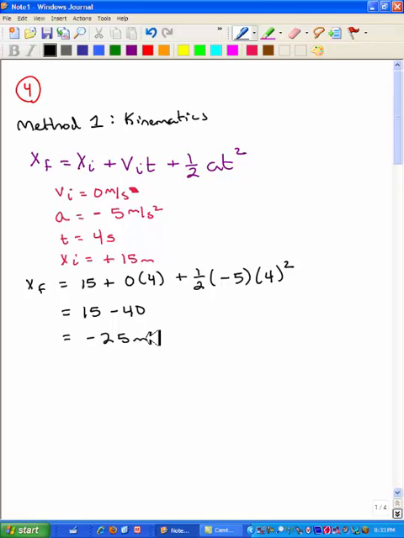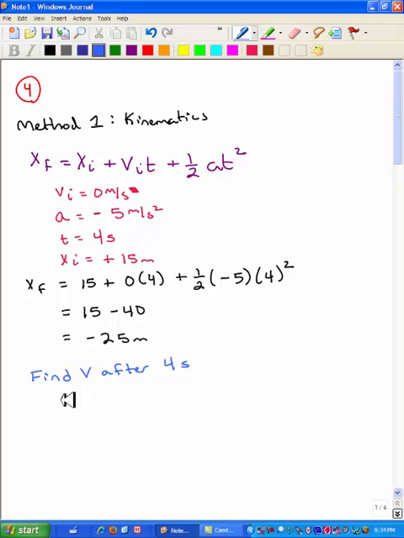Now, to find how far it went during the time interval between 4 seconds and 7 seconds, I first need to know how fast is it going after 4 seconds, because after 4 seconds, velocity is constant. So I need to find velocity after 4 seconds.